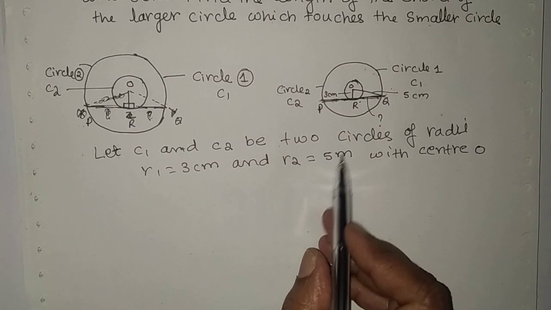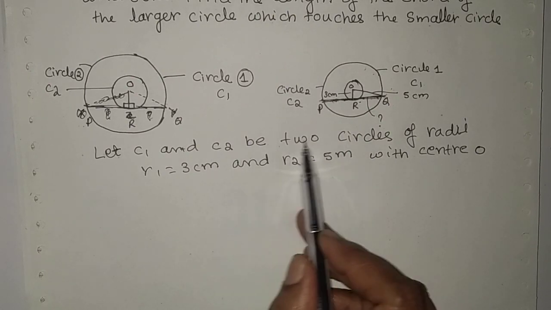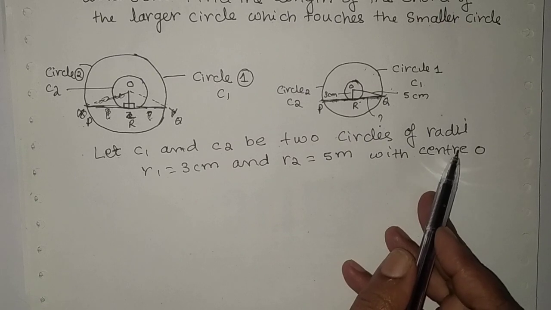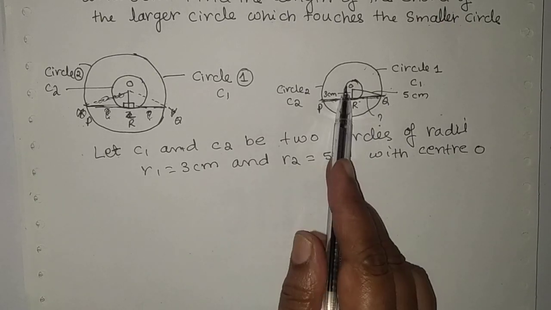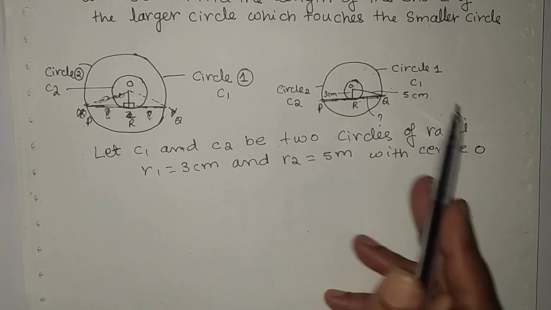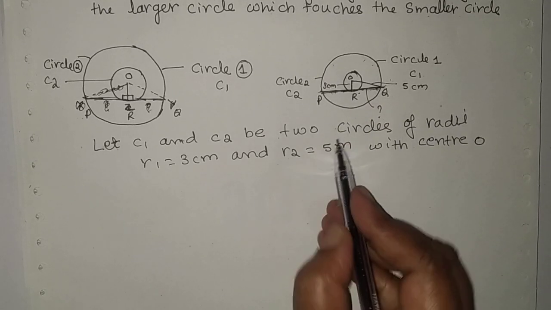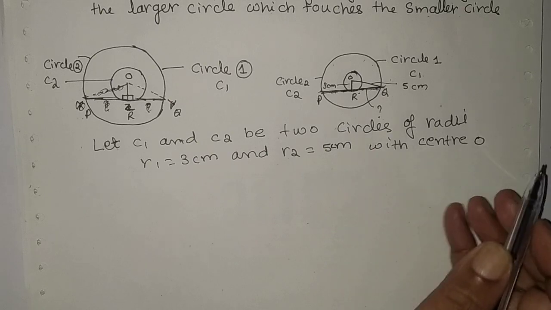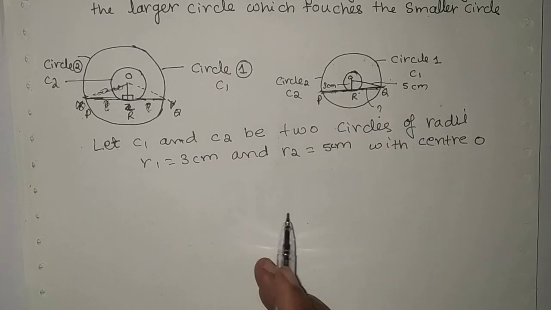So we are writing the data: C1 and C2 are the two circles of radii, R1 for the first circle is 3 centimeters, and R2 is the radius of the second circle, that is 5 centimeters, with the center O.